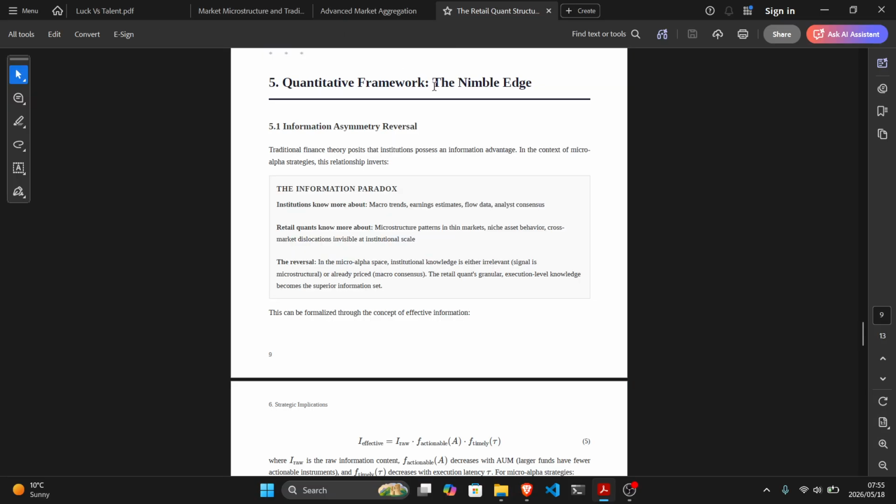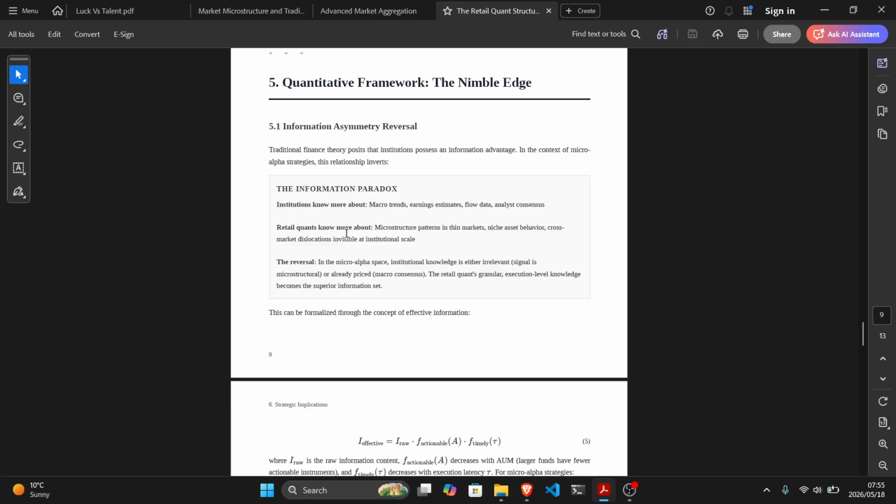5. Quantitative framework, the nimble edge. Information asymmetry reversal. Traditional finance theory posits that institutions possess an information advantage. In the context of micro-alpha strategies, this relationship inverts. The information paradox: institutions know more about macro trends, earnings estimates, flow data, analyst consensus.